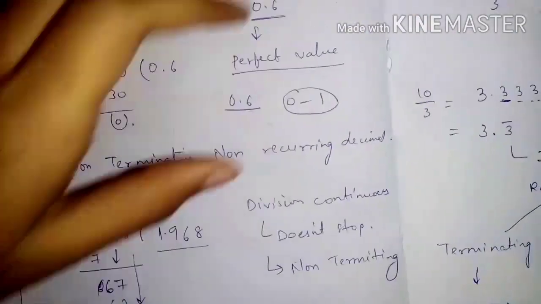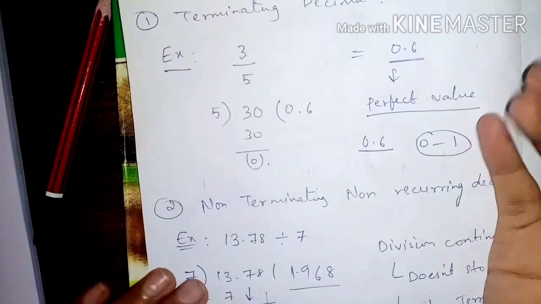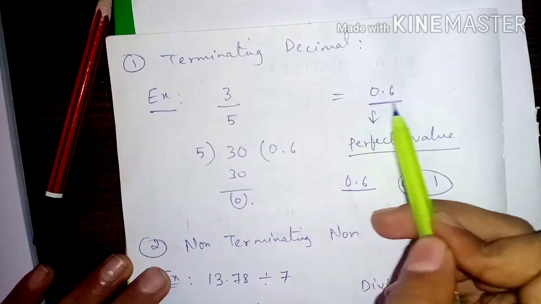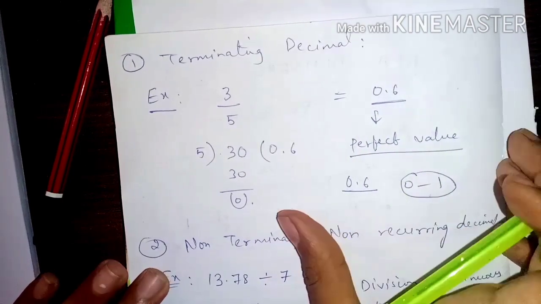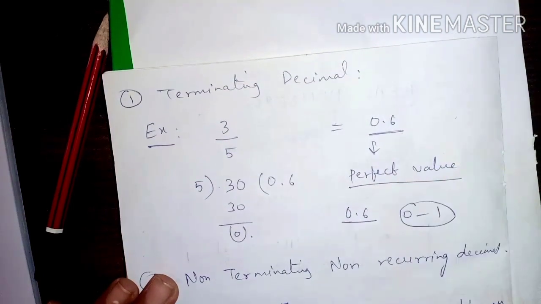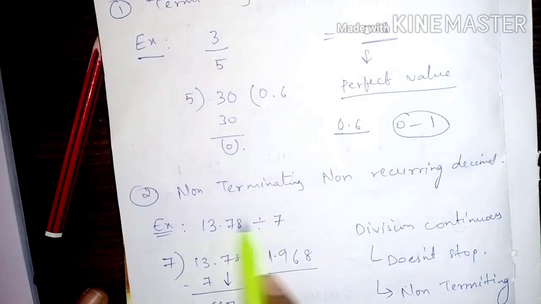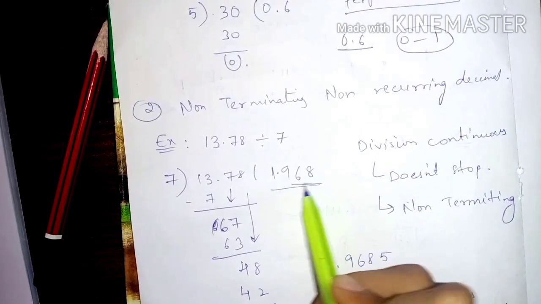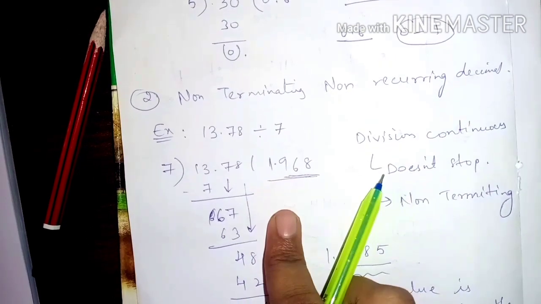So here, what is a terminating decimal? A terminating decimal terminates at a particular point and you will have a perfect value. You won't have anything other than this. In non-terminating non-recurring decimals, first of all, the value doesn't terminate.